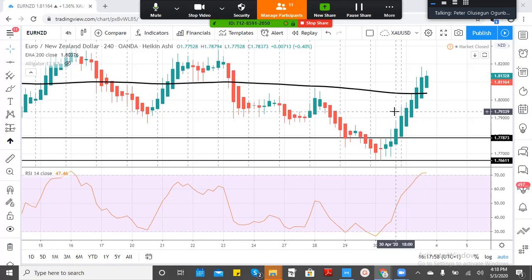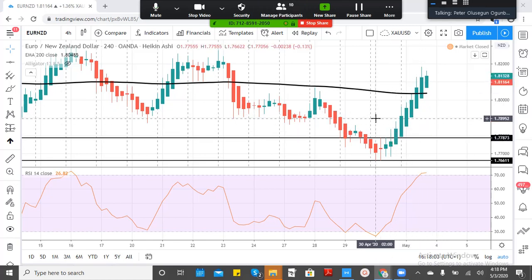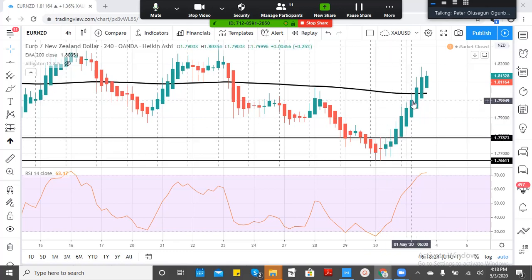Remember I told you, when the price is going to break up here, they won't tell you when they're going to do it. They will never tell you when they're going to do it. But one thing that you must be aware of is that the price will make this move to go up and get up to this point.